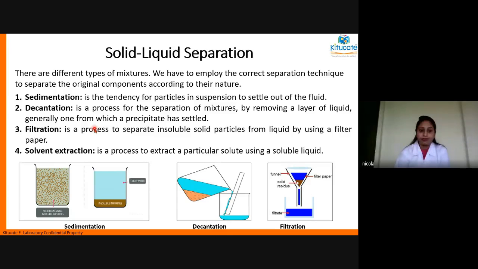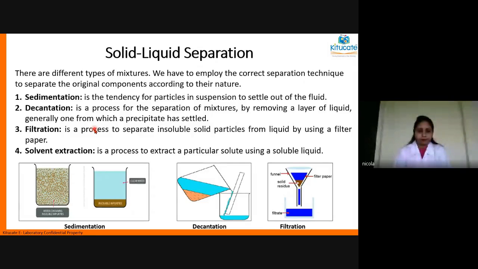The water comes on top, the sand particles settle at the bottom. The sand particles that settle at the bottom are known as sediment. And this process by which the heavier insoluble substances settle at the bottom is known as sedimentation.